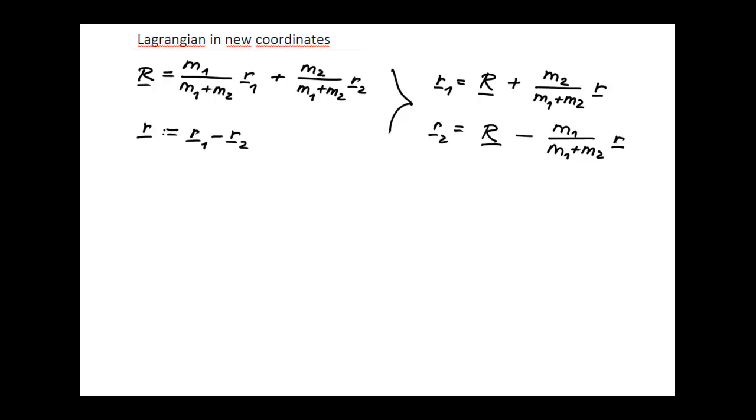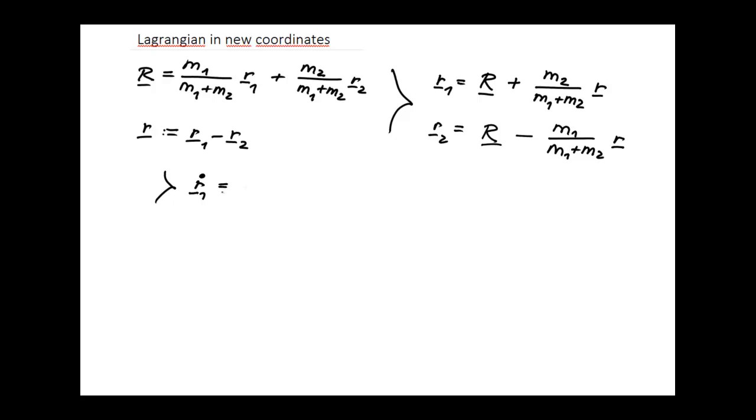Is that fine with you? I mean, here I skipped some details, but this is a really, I think, a simple inversion of the two equations. You can also plug these two equations into the left-hand side and verify that they are consistent. Now, as a consequence of that, we find the velocities. We can write the velocity of the first mass, r1 dot.